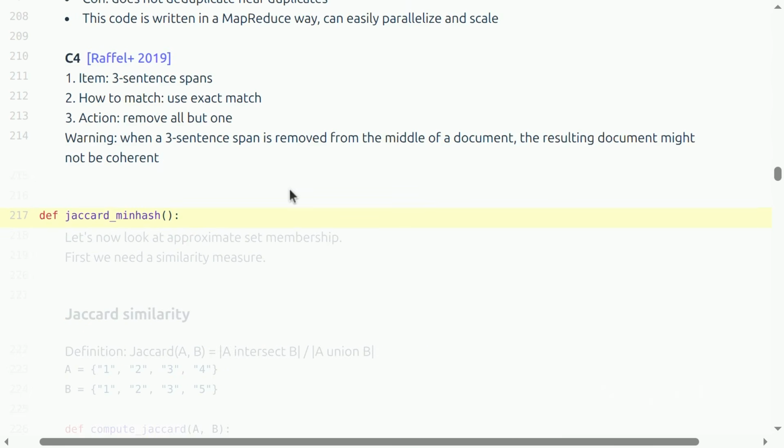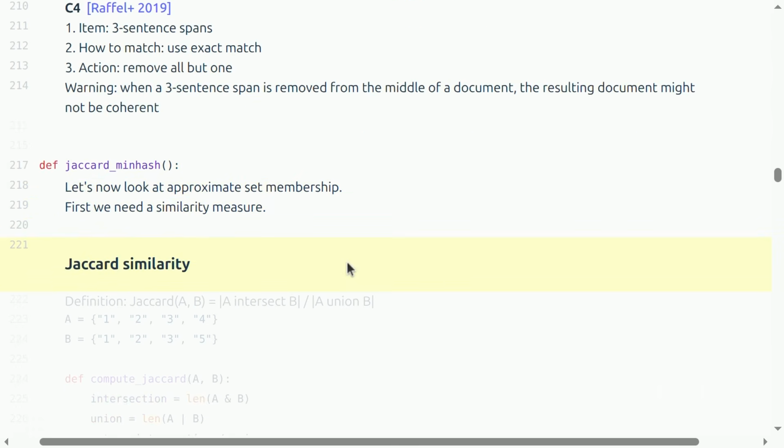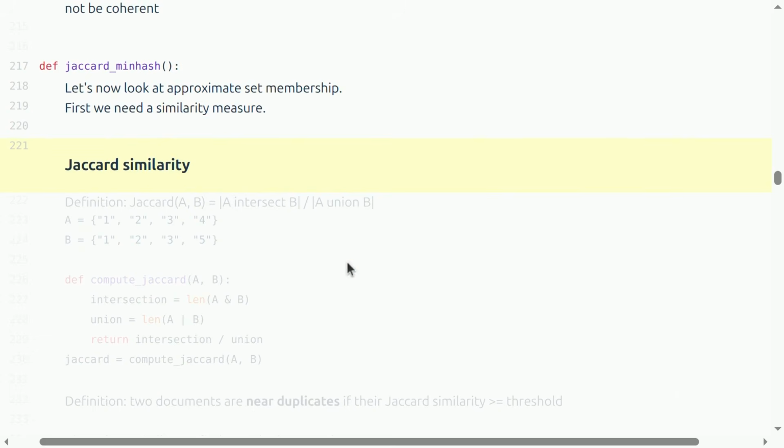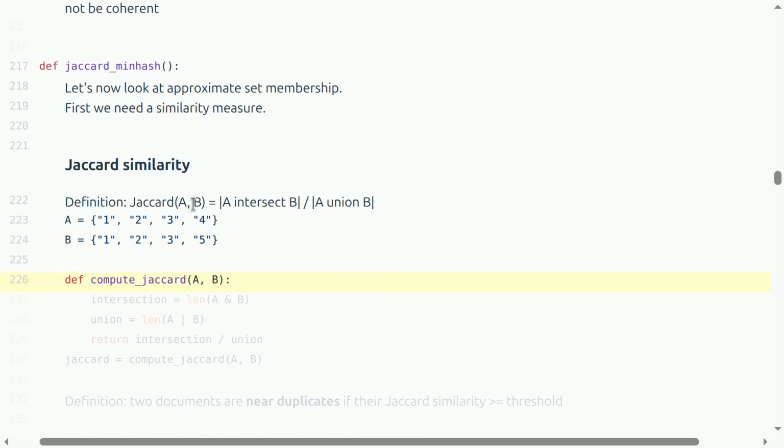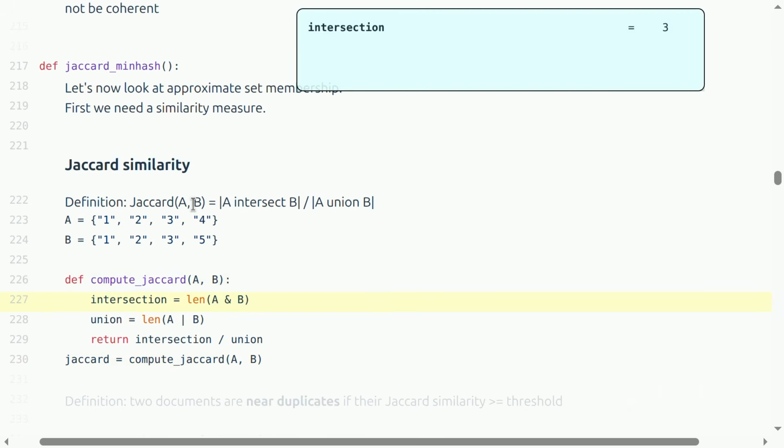So how do we do near deduplication? First of all, we have to define what approximate match means here. To do that, we're going to define Jaccard similarity, which is a fairly standard notion. The Jaccard of 2 sets is basically the size of the intersection over the size of the union. So given these 2 sets, 1, 2, 3, 4 and 1, 2, 3, 5, when you compute Jaccard, you take the intersection, that's 1, 2, 3.